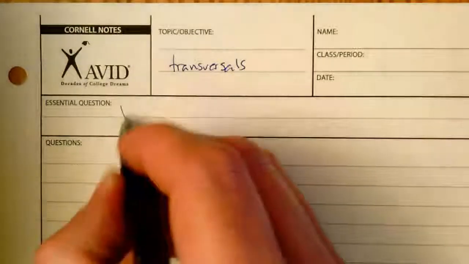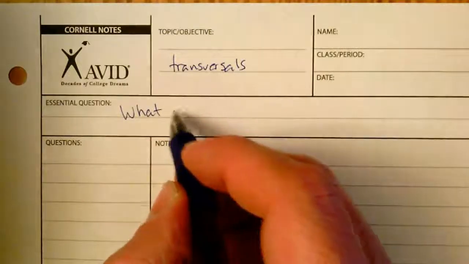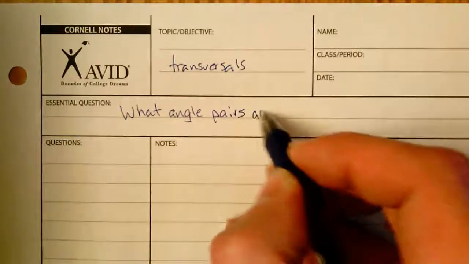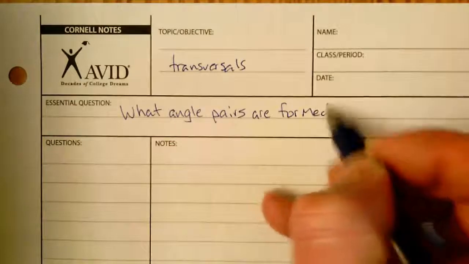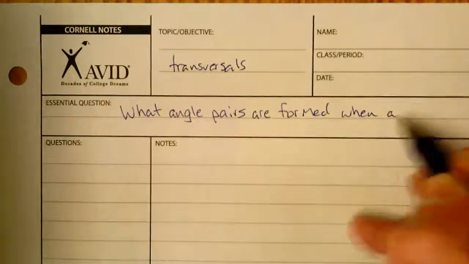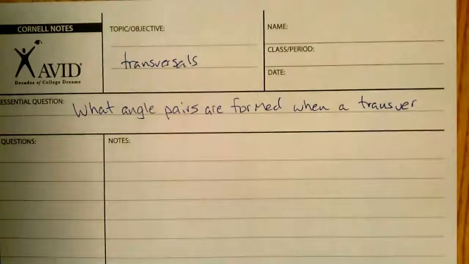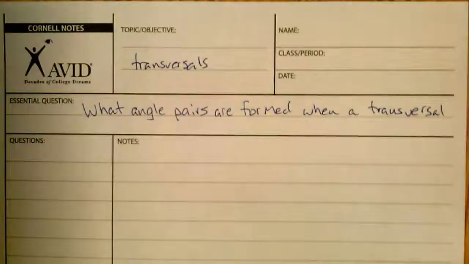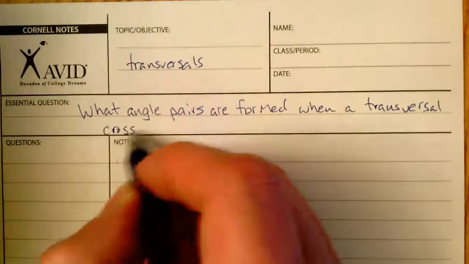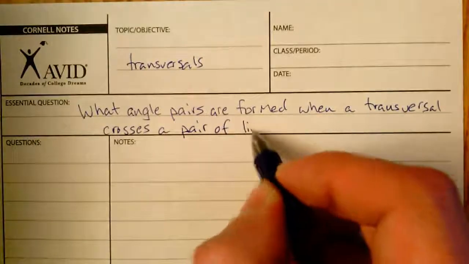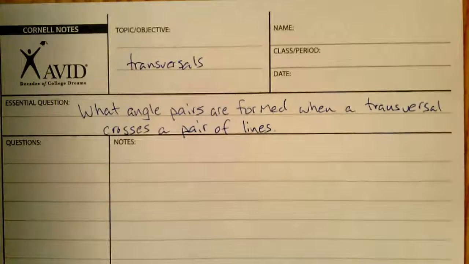Our essential question is, what angle pairs are formed when a transversal crosses a pair of lines? Oh, forgot my question mark.